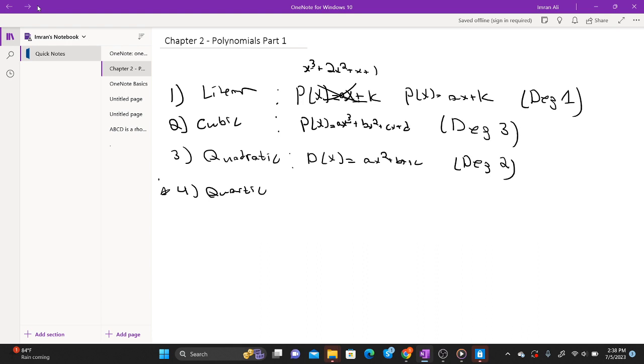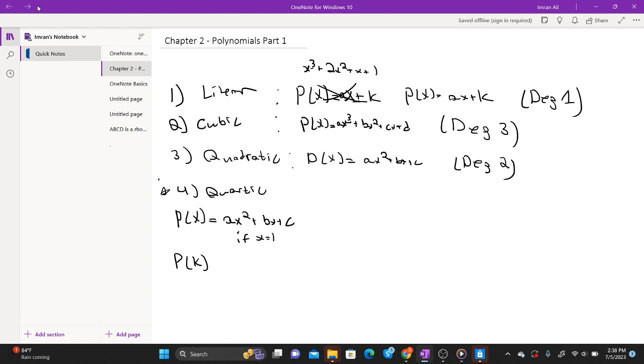You need to talk about notation. So if I have a polynomial p of x, let's say we have a quadratic, that's ax squared plus bx plus c. Then if you ever see find p of k, that is just if x equals k.